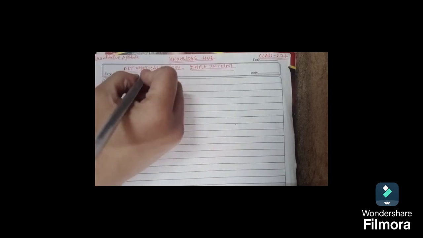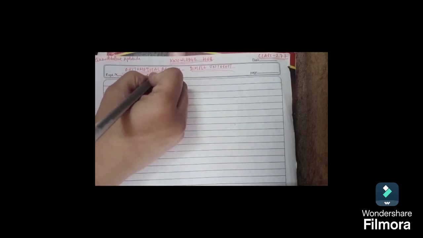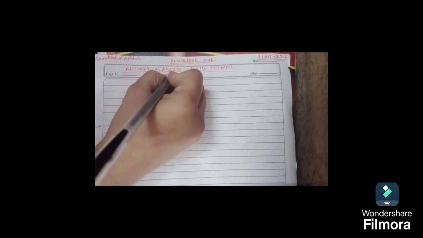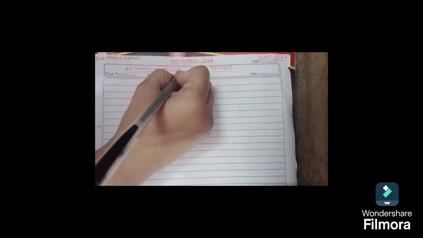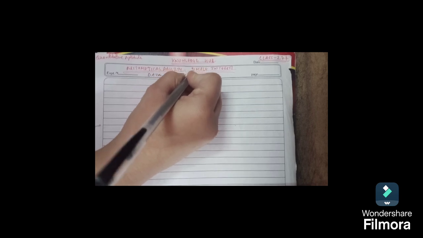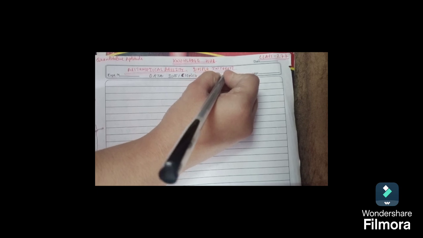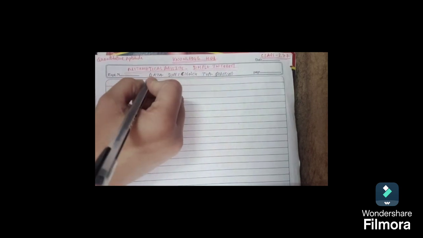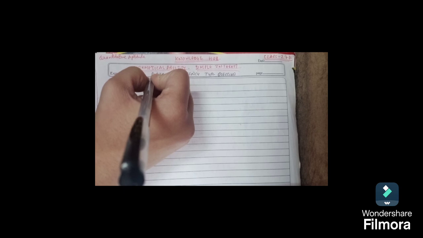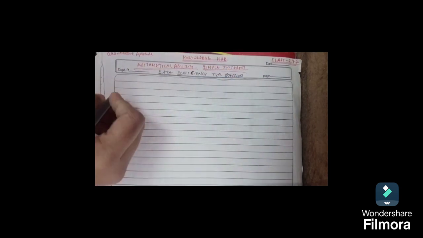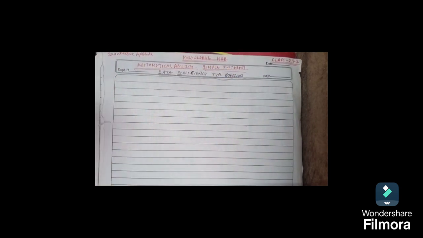So let's start with the data sufficiency type question. Here each of the given questions consists of a question and two statements, number 1 and 2, and you have to read both statements.